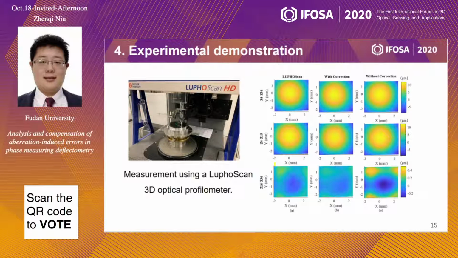The proposed method obtains a better result that is closer to the result by the loop scan compared to that without correction, especially in the third column.